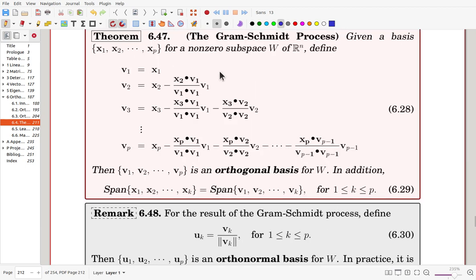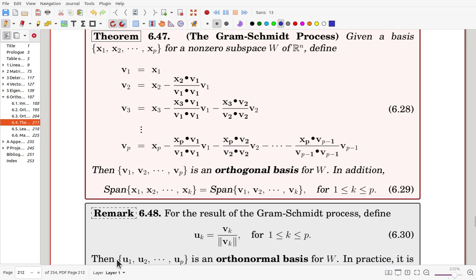This is the Gram-Schmidt process, which produces an orthogonal basis for W. Once the v vectors are normalized, then the normalized vectors will form an orthonormal basis for W. Right?